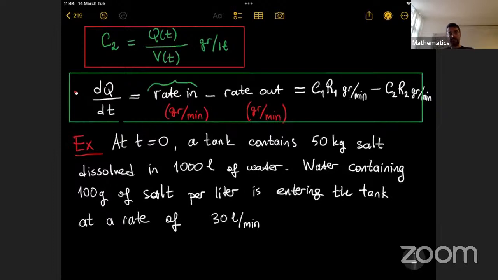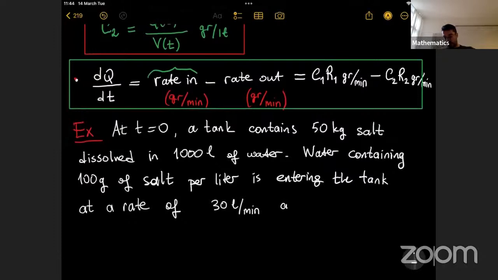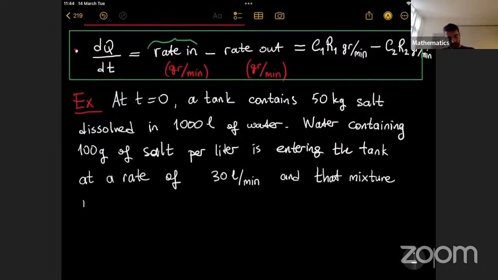Okay, and that mixture is leaving the tank at the same rate.